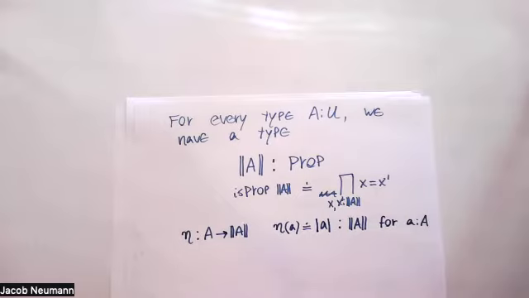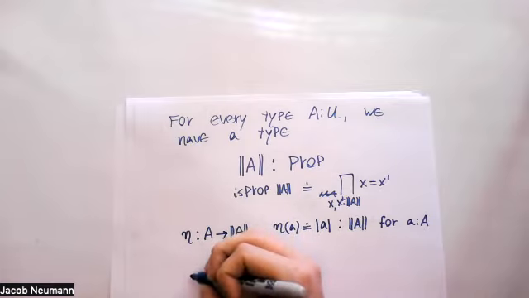And so when we have this map, then one thing we can do is form the map of precomposition with eta.